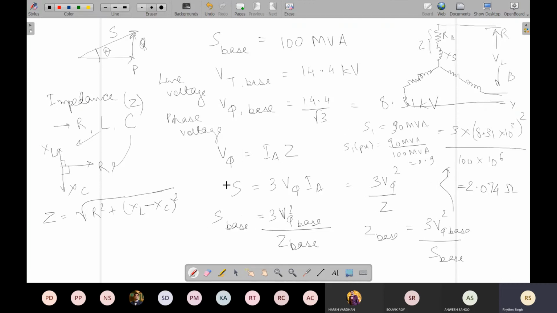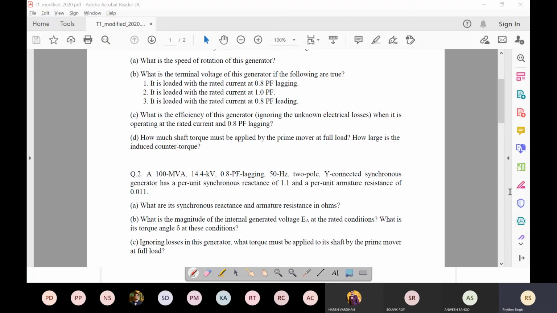So we express S equal to 3Vφ square by Z. All quantities can be put in the base quantities, and from this equation you can find out the base value of impedance. That is how we got this base value of 2.0774. Okay, so I hope so far it's clear to everyone.